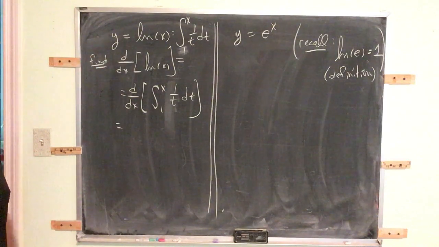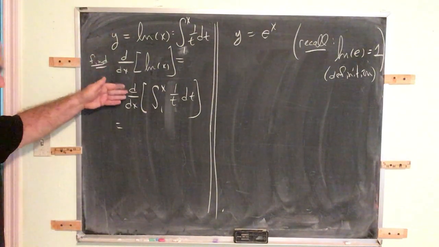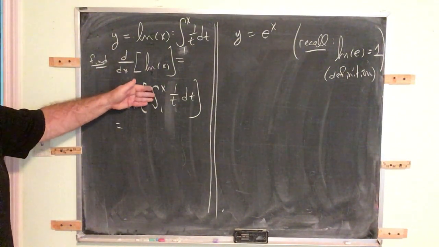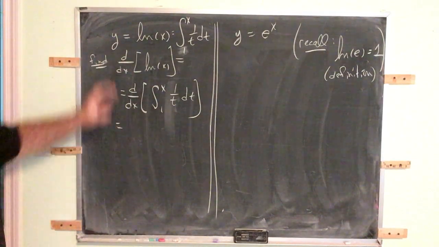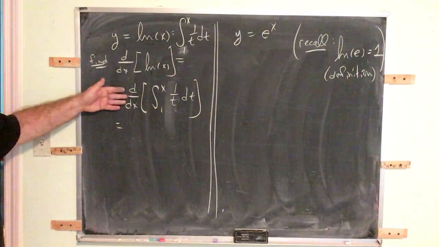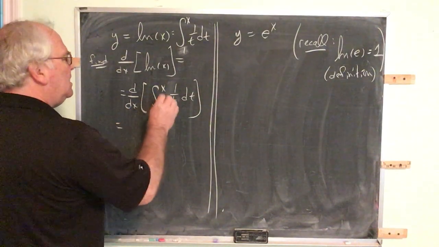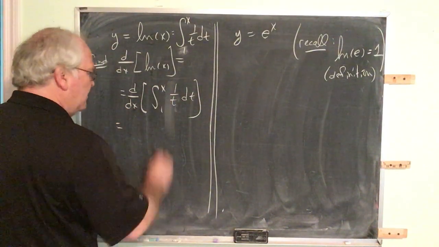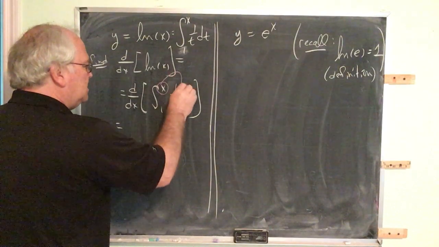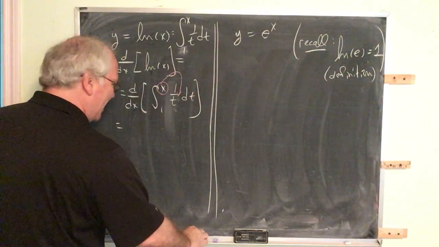That's the second part of the fundamental theorem of calculus. The derivative of any area so far function, and this one in particular, with respect to x is, you take this upper limit of integration, substitute it into this function, and that's it.